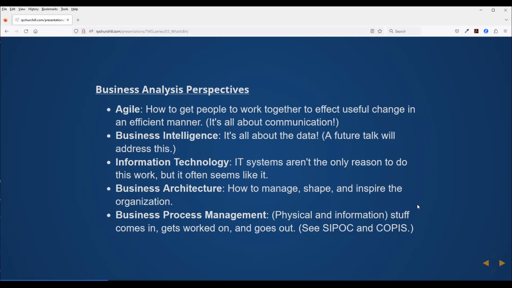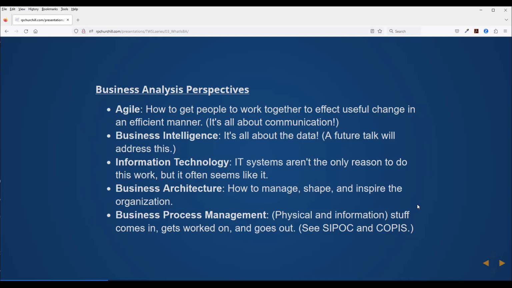A lot of business analysis work seems to be tied up in information technology projects, but that isn't the only reason to do the work.